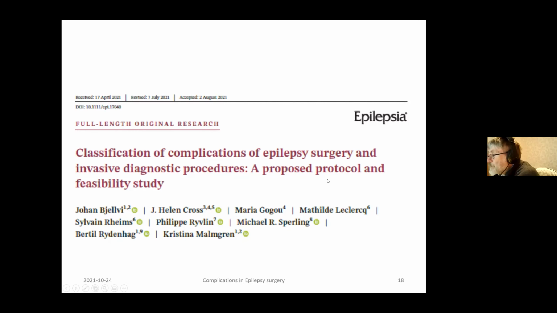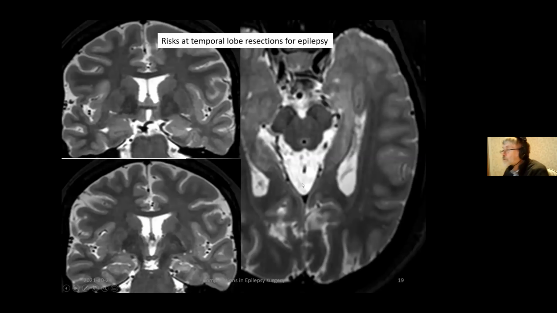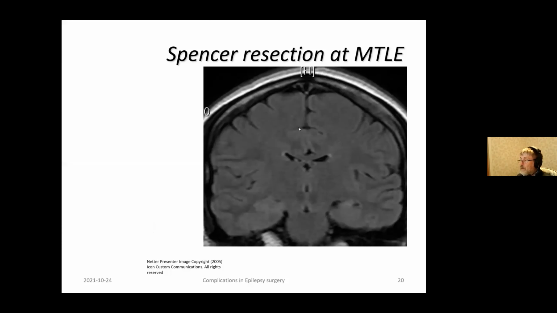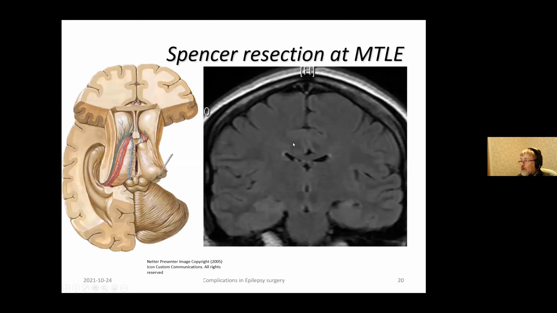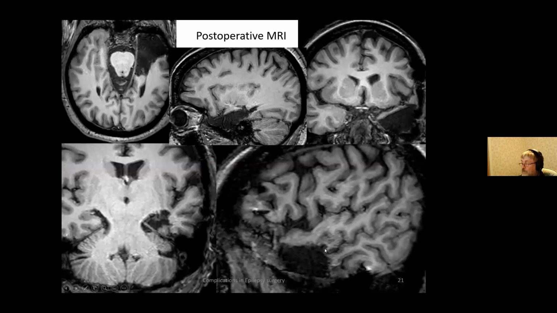So that's important, really. So let's just go very quickly through the different procedures, and since you are all very well aware of this, I will take it very quickly. The main procedure that I or my colleagues do is the Spencer resection for mesial temporal epilepsy. We take the temporal lobe, and then we take off the medial parts, usually, and especially on the dominant side.